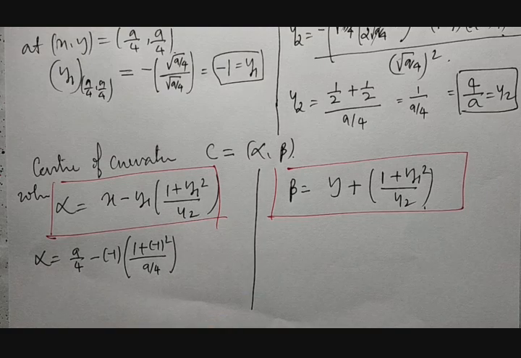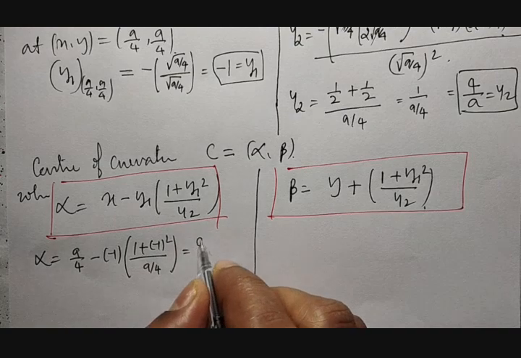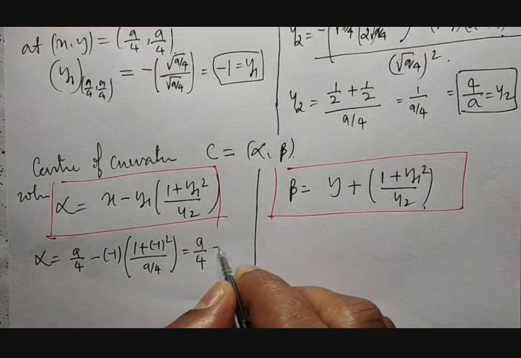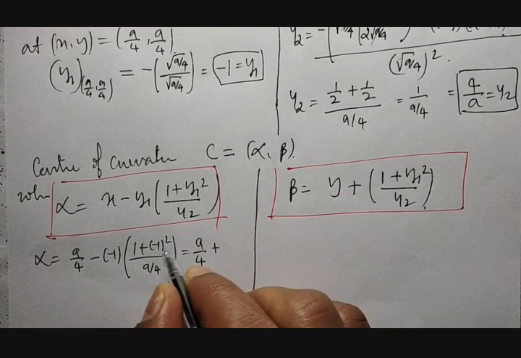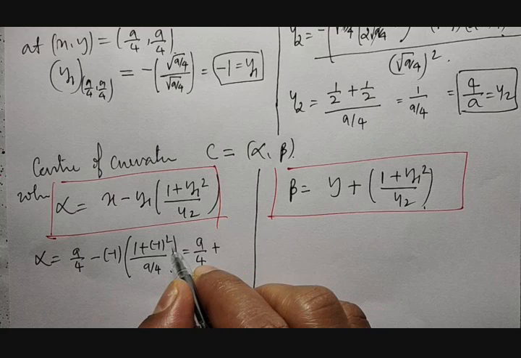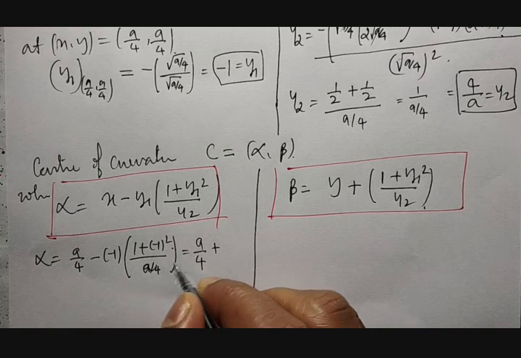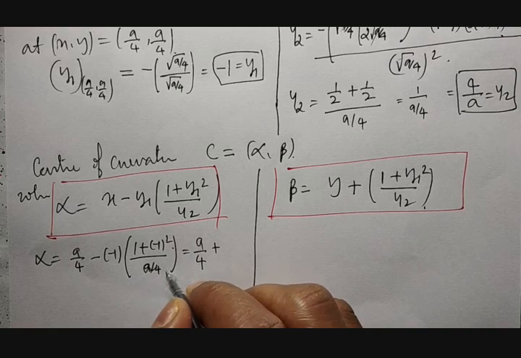So, that is equal to a by 4 minus of minus plus, then it is 2 divided by a by 4. Clear?